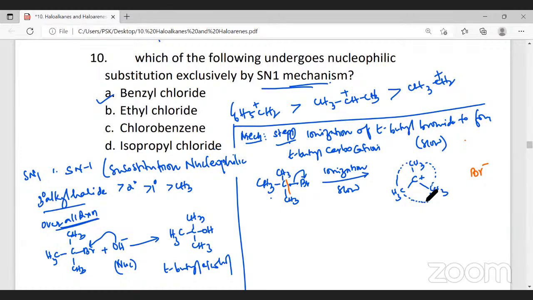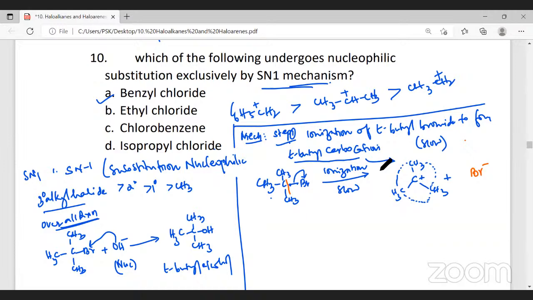If you look at a cycle wheel, at the center there's an axle, and these are like the spokes of a wheel. So you get a circular planar molecule, and this is called tertiary butyl carbocation.